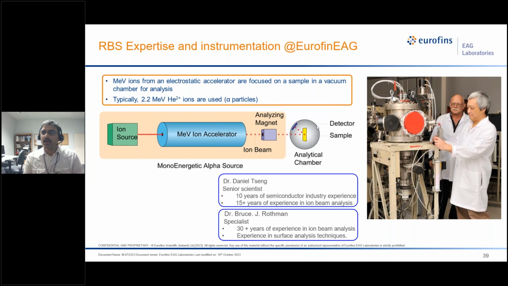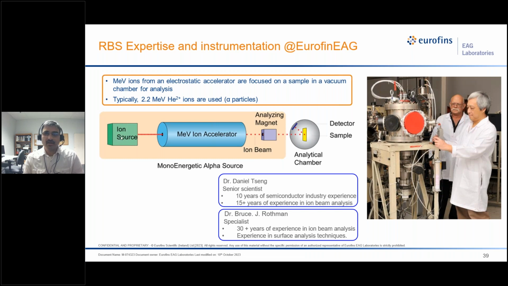As I said earlier, we use a high energy ion beam as an analysis probe in RBS and HFS and other ion beam analysis techniques. On a regular basis, we use 2.25 MeV helium ions. We also use proton beams and deuterium beams for specialized nuclear reaction experiments. We achieve this high energy ion beam using a particle accelerator.